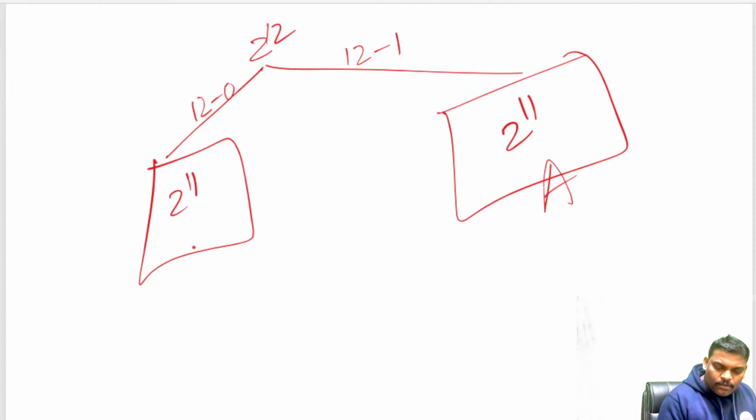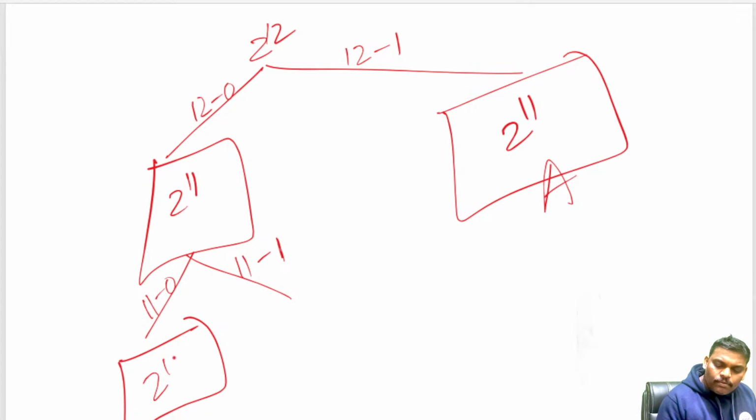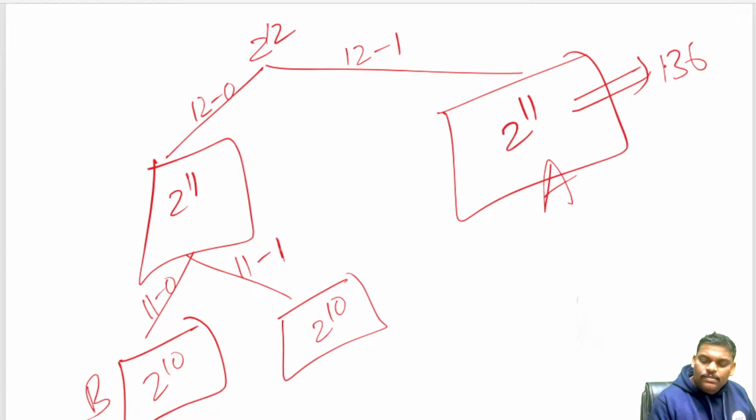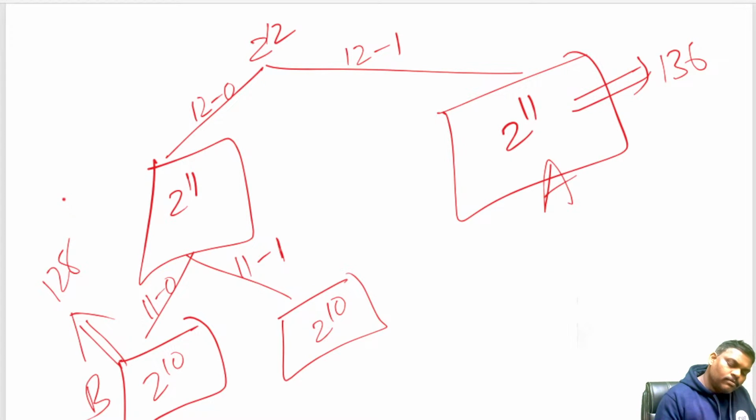So here B. Again 11th bit. 11th bit 0, 11th bit 1. 2 power 10, 2 power 10. So this is B. It is starting with 136. This is starting with 128.